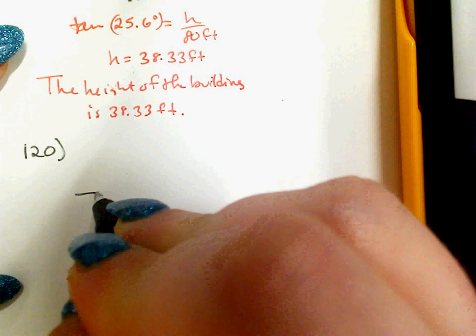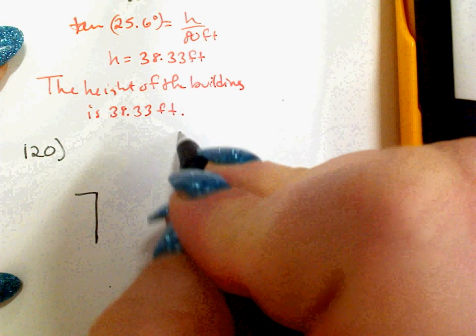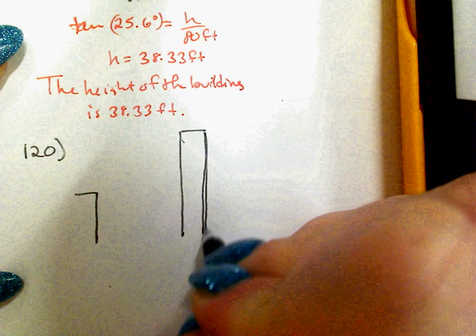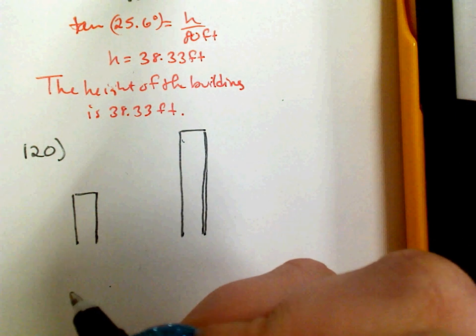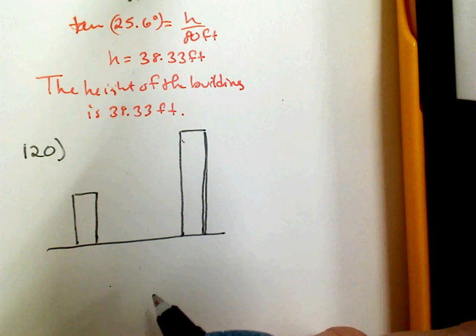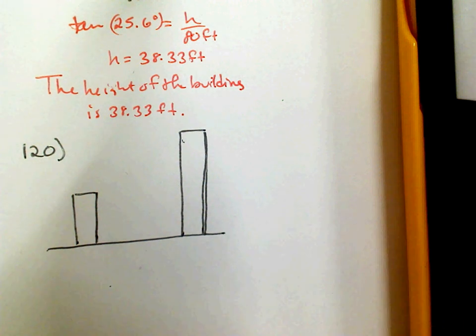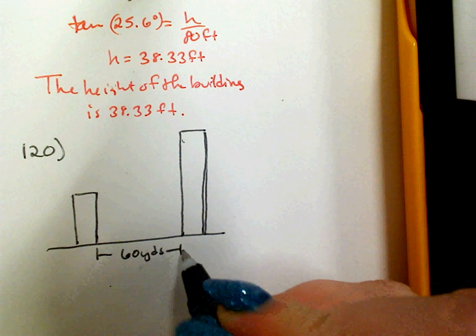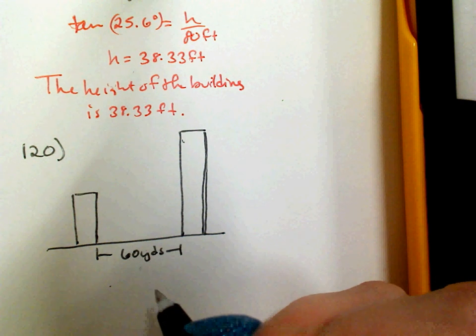So I've got a short building and I've got a taller building. And it says two buildings with flat roofs are 60 yards apart, and the height of the shorter building is 40 yards.